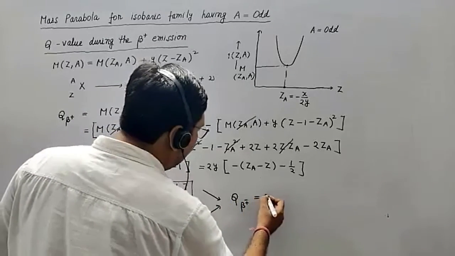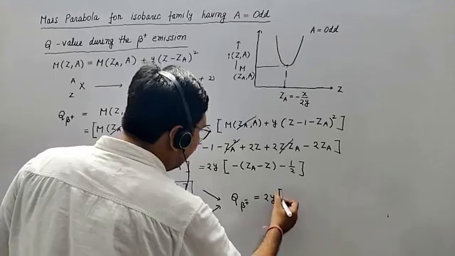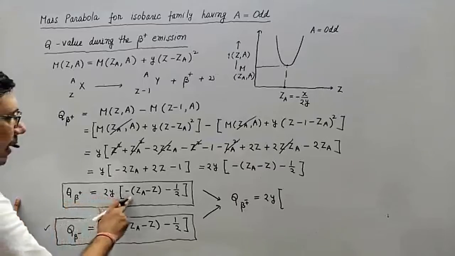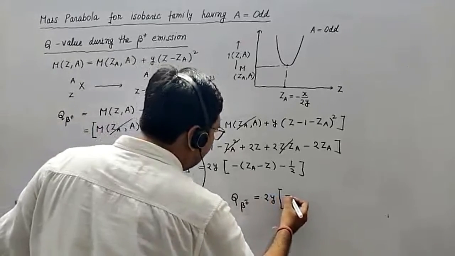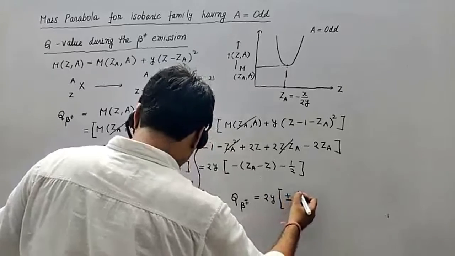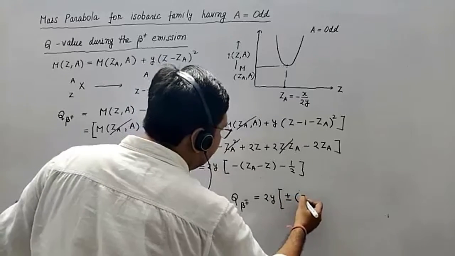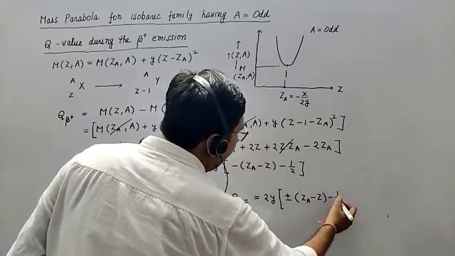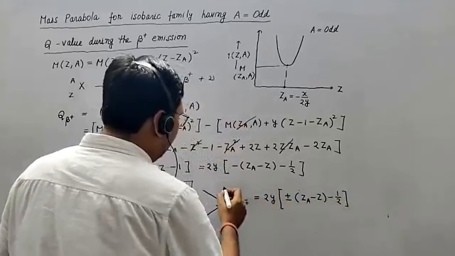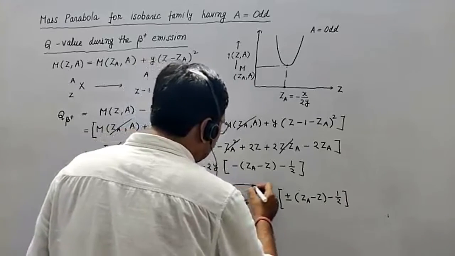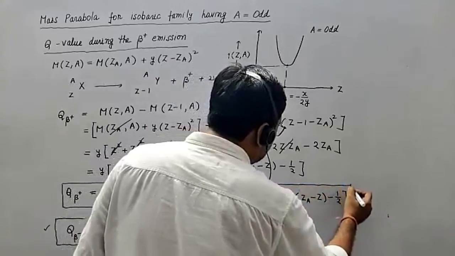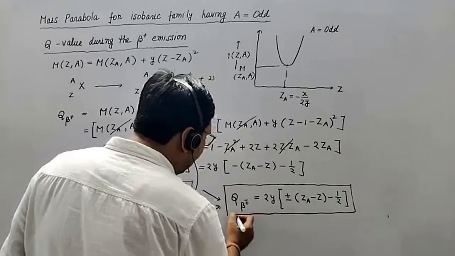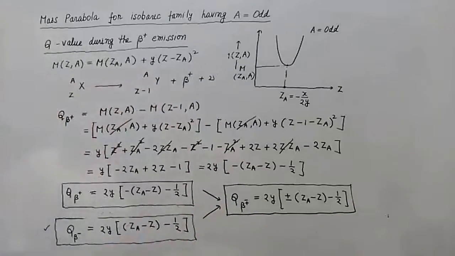This will be equal to 2Y, with minus we have plus, and with plus we have minus here. So first I will write plus, then I will write minus. This will be (ZA minus Z) and minus half. This is the Q value of the beta plus minus emission process, or beta emission process.